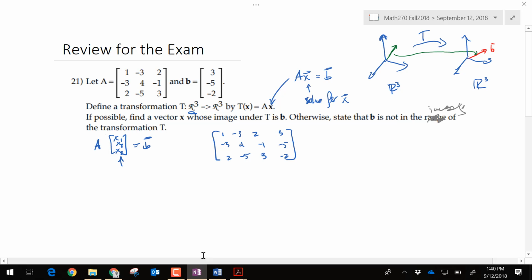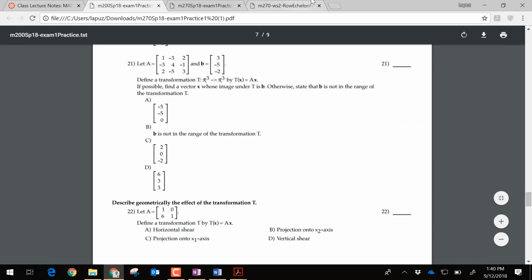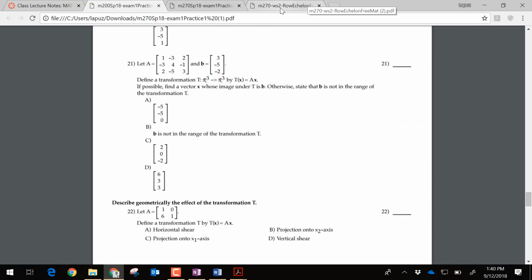I don't want to row reduce this. Do you guys know how to use your calculator, the matrices in your calculator, to row reduce?